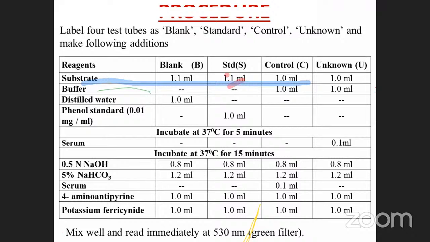Blank will be 0.12, standard 0.21, control 0.08, and unknown 0.14.